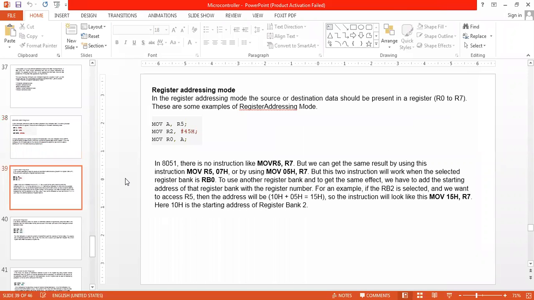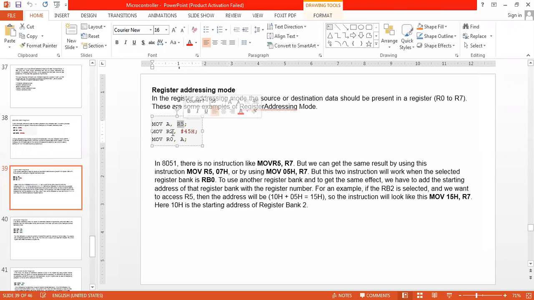Then we saw the register addressing mode, where either a source or a destination should be any of the registers from R0 to R7, and both should not be registers. Both source and destination should not be from the same register set, R0 to R7.